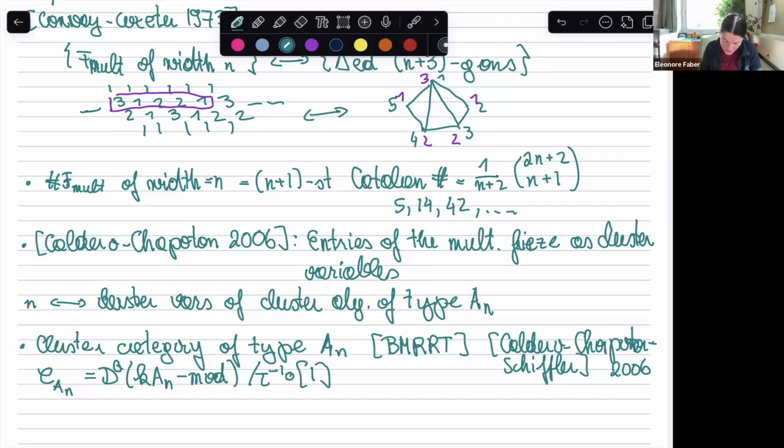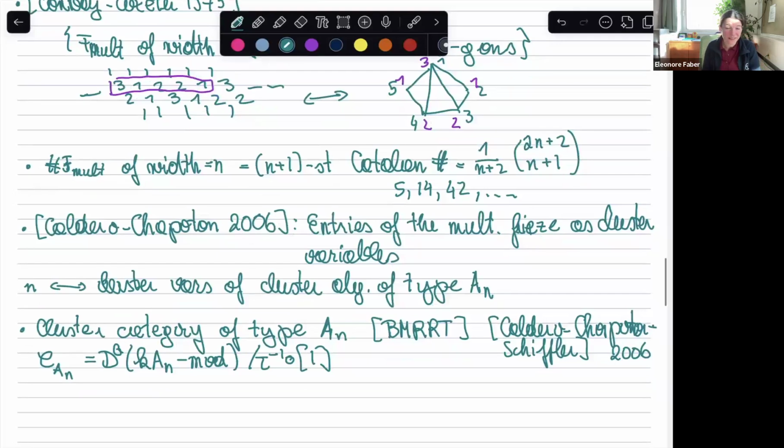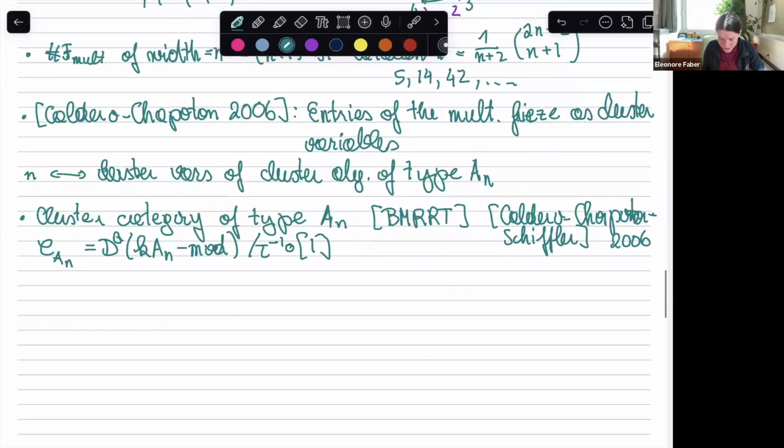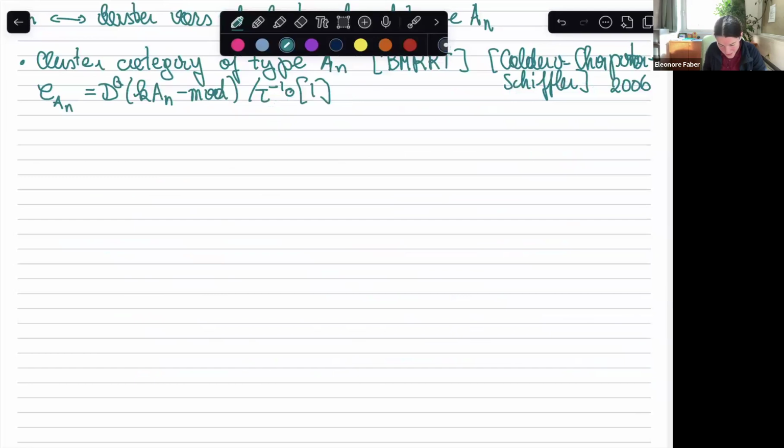So I guess this is the thing most people here are familiar with, or at least have seen sometimes. But just to give you an idea how this is related to the geometry, I like always to draw a little table. So you have the combinatorics on one side.